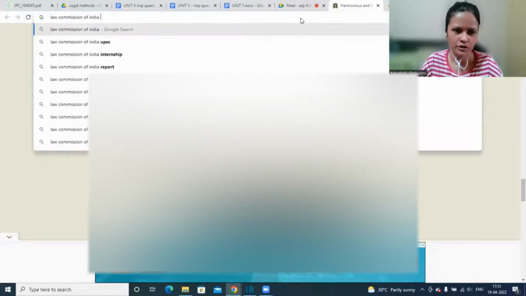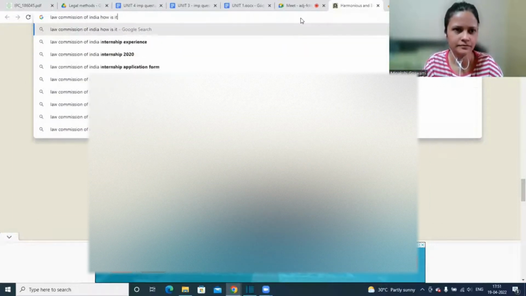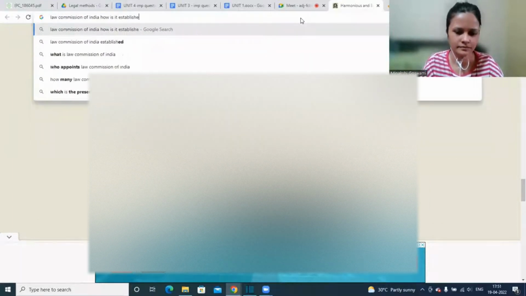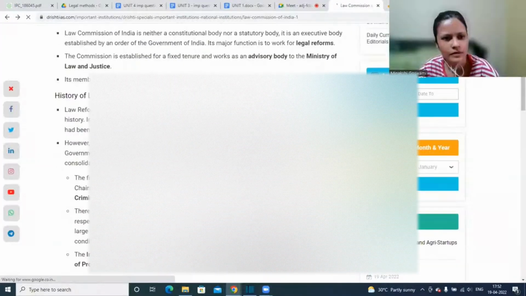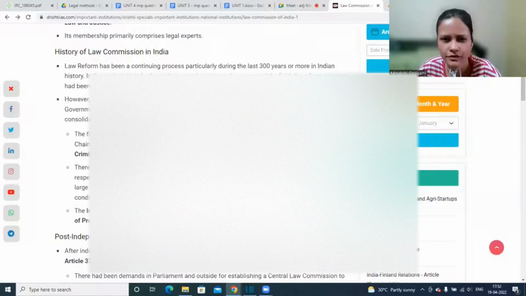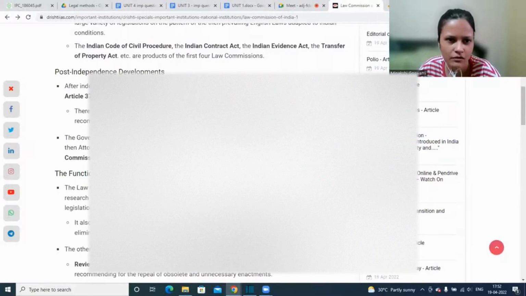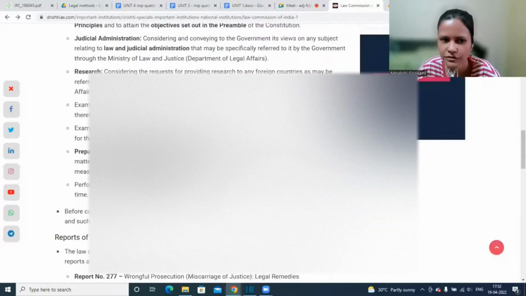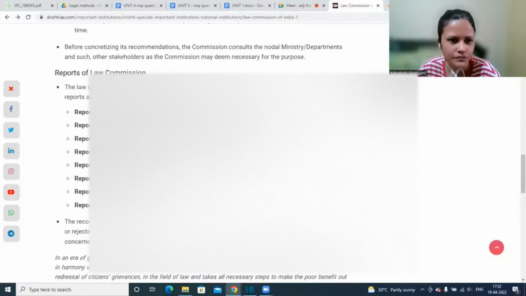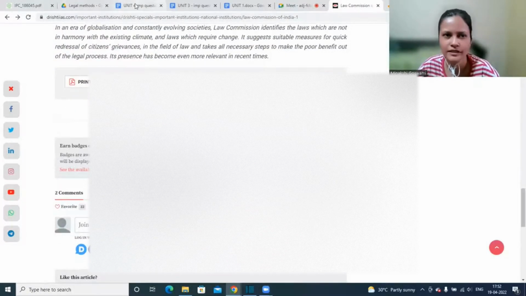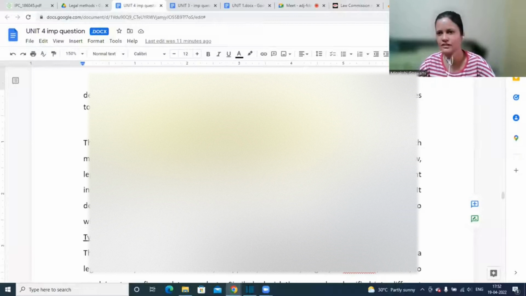Law Commission of India. Yeah, we can say that the first one was established under the Charter Act, and after that, we have it established for different purposes.